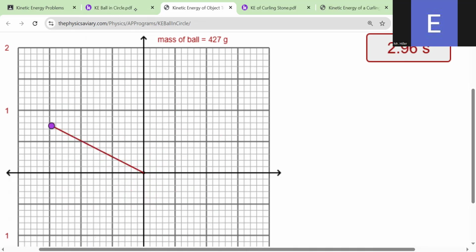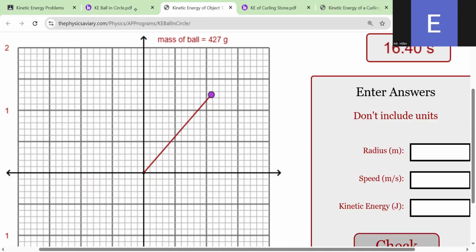1, 2, 3, 4, 5, 6, 7, 8, 9. Okay, that's a little less than that. So I'm going to backtrack a little bit so that my ball is closer to the vertical.